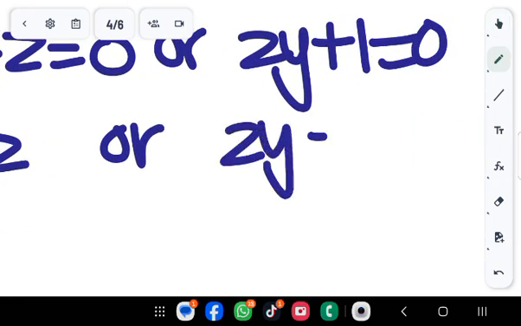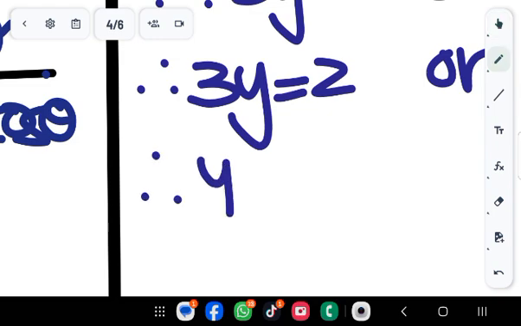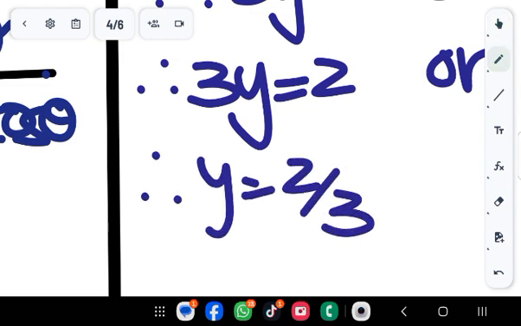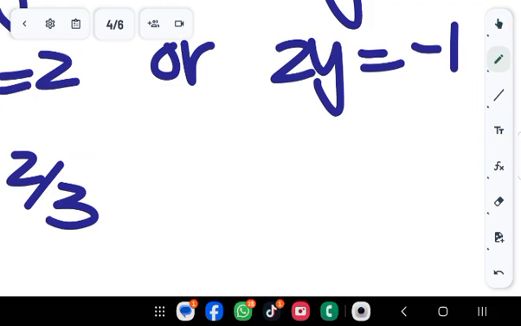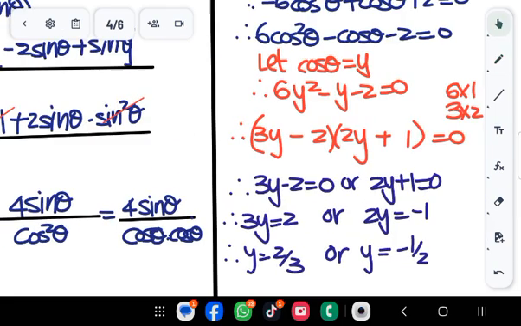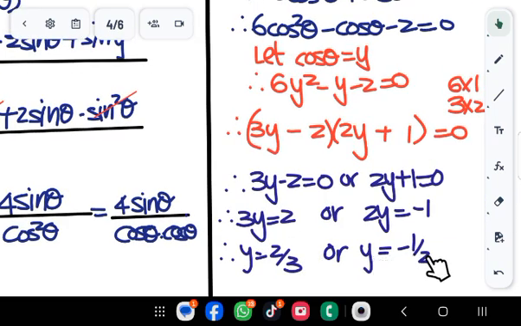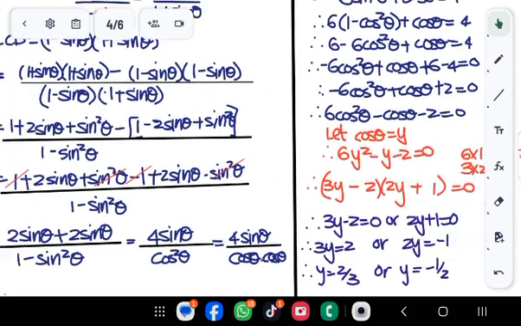So 2y equals negative 1. Therefore, y equals 2 over 3, or y equals, dividing both sides, negative 1 over 2. This is not what we're dealing with. We're dealing with cos, so we transfer back to cos. Therefore, cos of theta equals 2 over 3, or cos of theta equals minus 1 over 2.